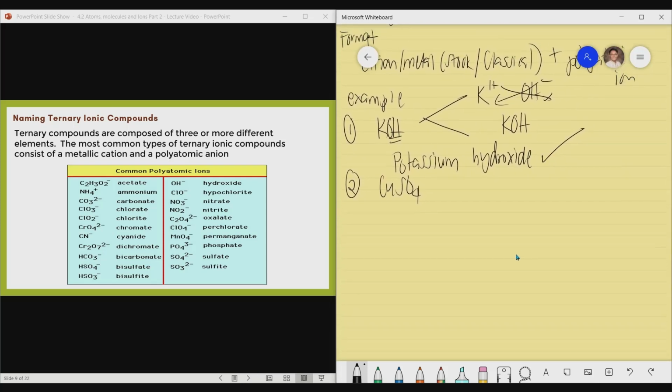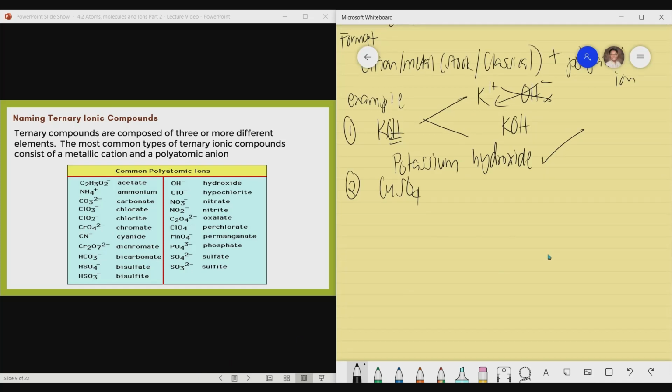Sige, papangalanan natin to. So, deduce muna natin, CuSO4. Copper and then SO4. Now, SO4 is sulfate. Looking at this table, we have your SO4, 2 negative. Ayan po, nasa PowerPoint. Sulfate SO4. So, I will write 2 negative. Ano kayang charge ni copper para maging sagot ay CuSO4?